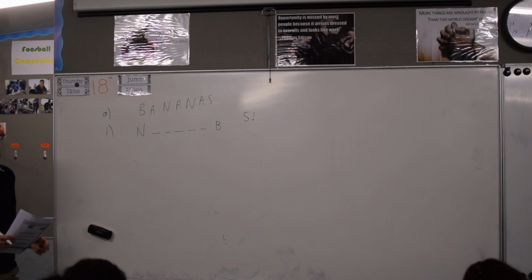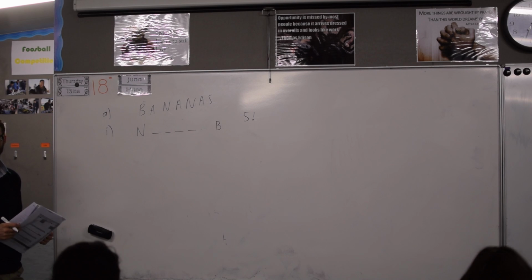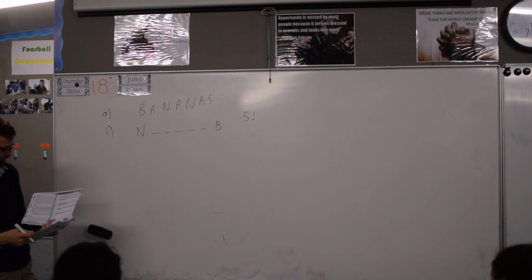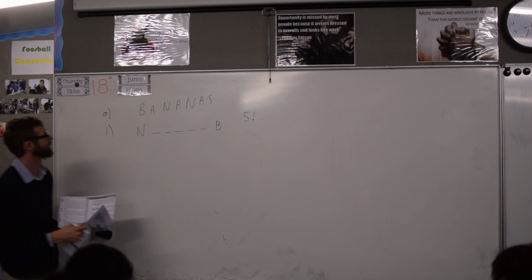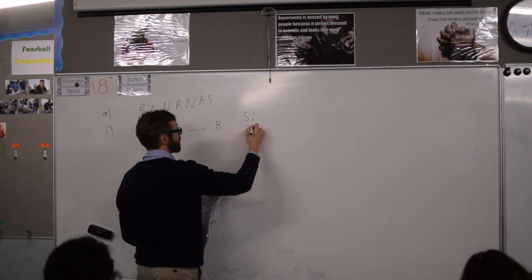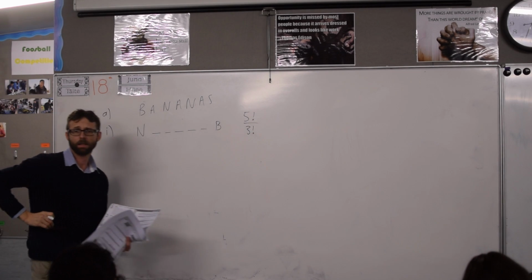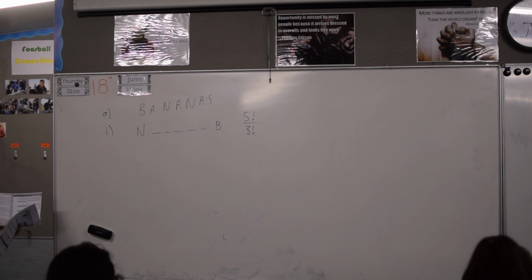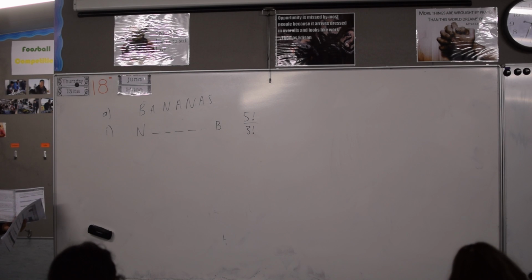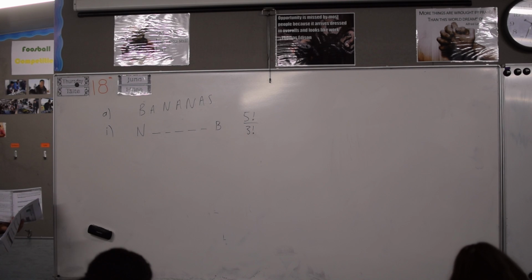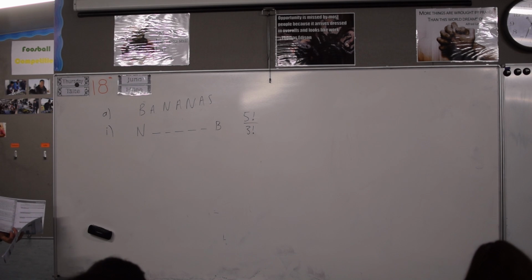Now, do we have any double ups there that might change things, Rebecca? The A's, and we've got 3 of them, so we're going to divide by 3 factorial. And that will tell us how many ways we can arrange this. Should be 20?